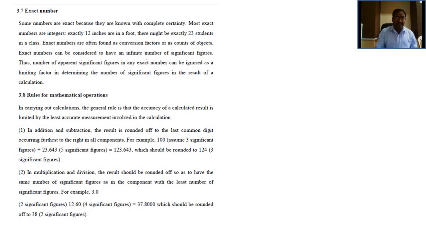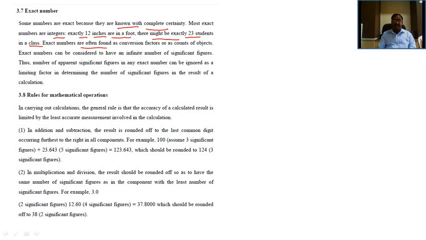Exact numbers: some numbers are exact because they are known with complete certainty. Most exact numbers are integers. Exactly 12 inches are in a foot. There might be exactly 23 students in a class. Exact numbers are often found as conversion factors or as a count of objects.